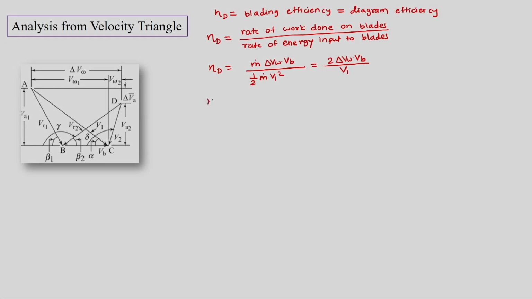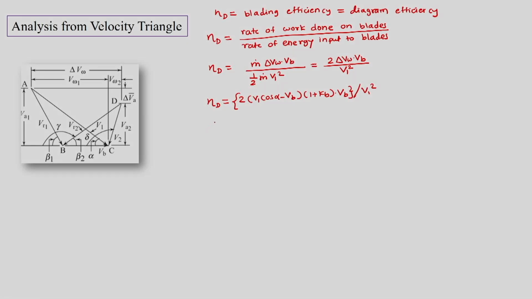But we have already found out what is delta VW, so we can put that and say this is equal to 2 into V1 cos alpha minus VB into 1 plus KB into VB divided by V1 square.